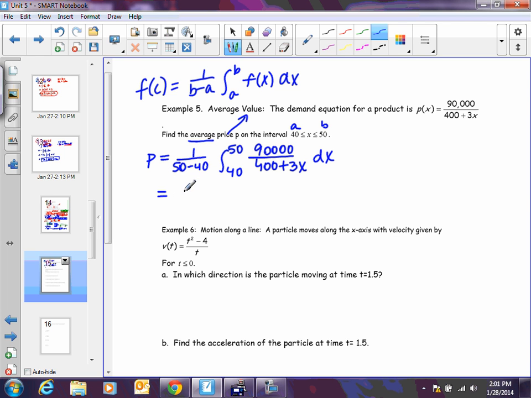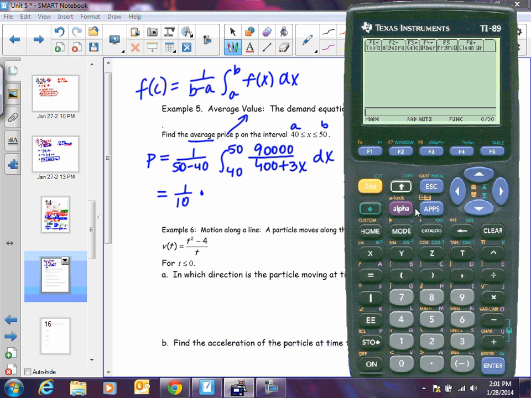All right, now you've got a few options, but this is definitely going to be a calculator problem. Okay, so what I'm going to encourage you to do is put this whole integral in your calculator. Some of you are really good at this, but a lot of you need more practice. So on the calculator, I'm going to go to the home screen and integrate this function right here.